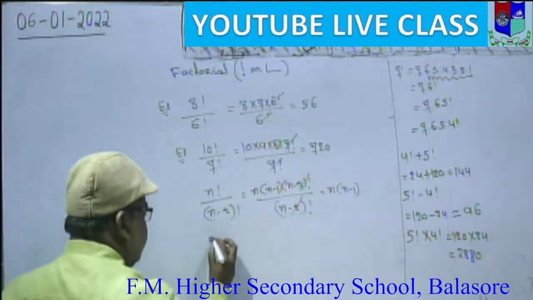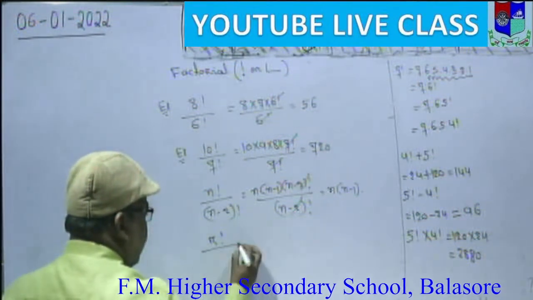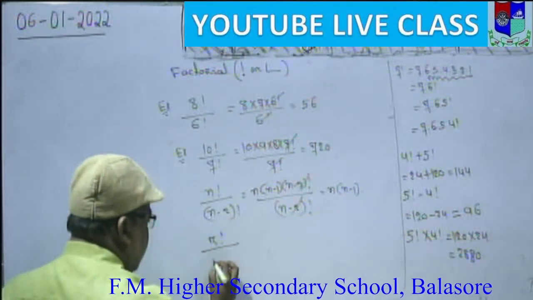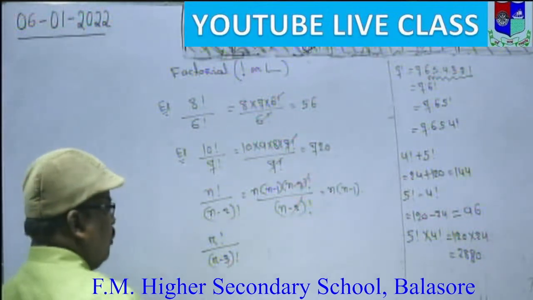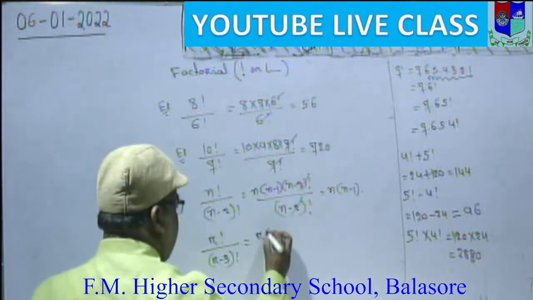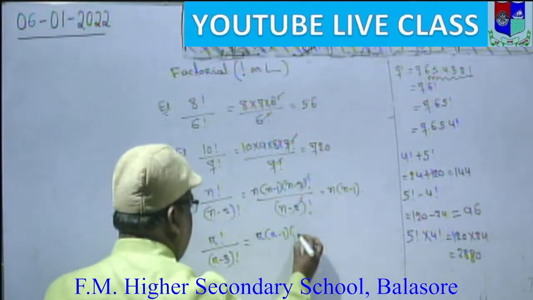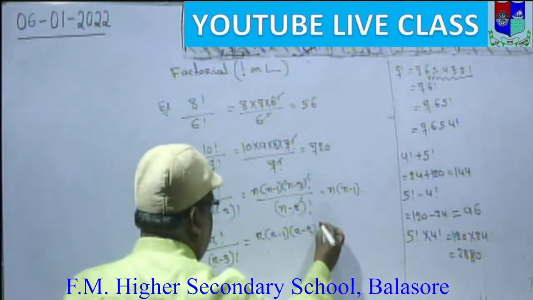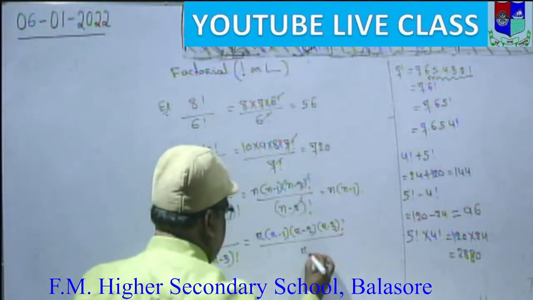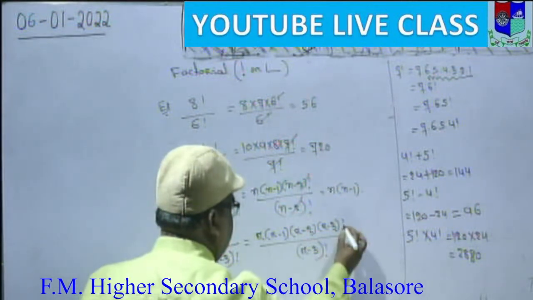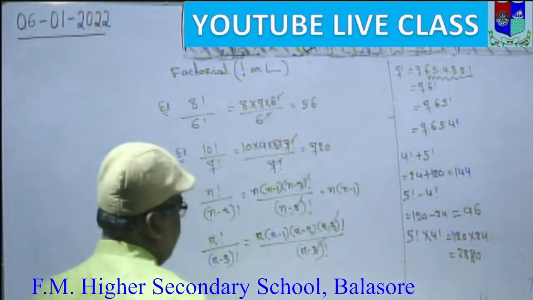Like this, if we want to divide r factorial by r minus 3 factorial, what will be the result? r is reduced up to r minus 3 factorial. Then it is r minus 3 factorial, so cancel.